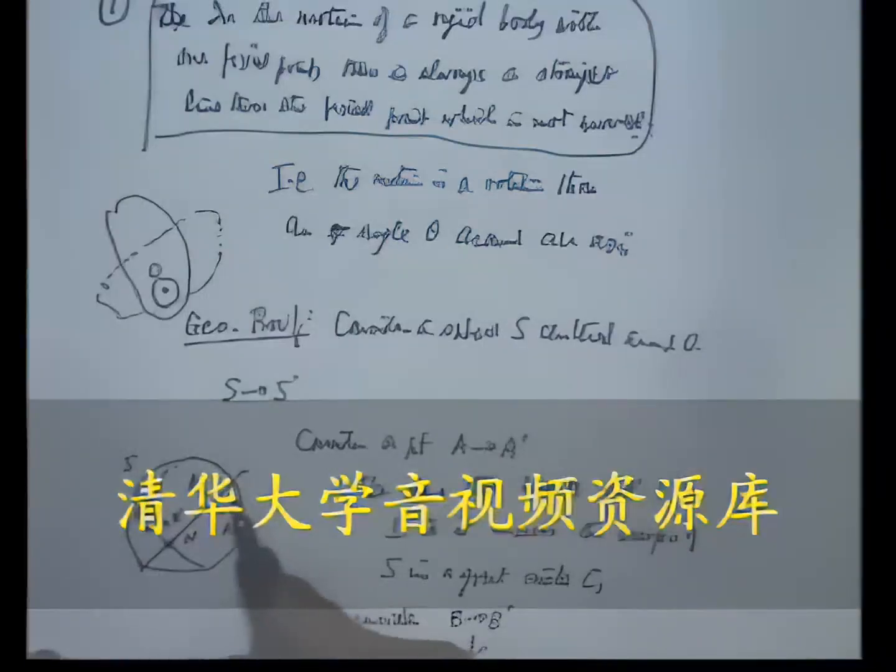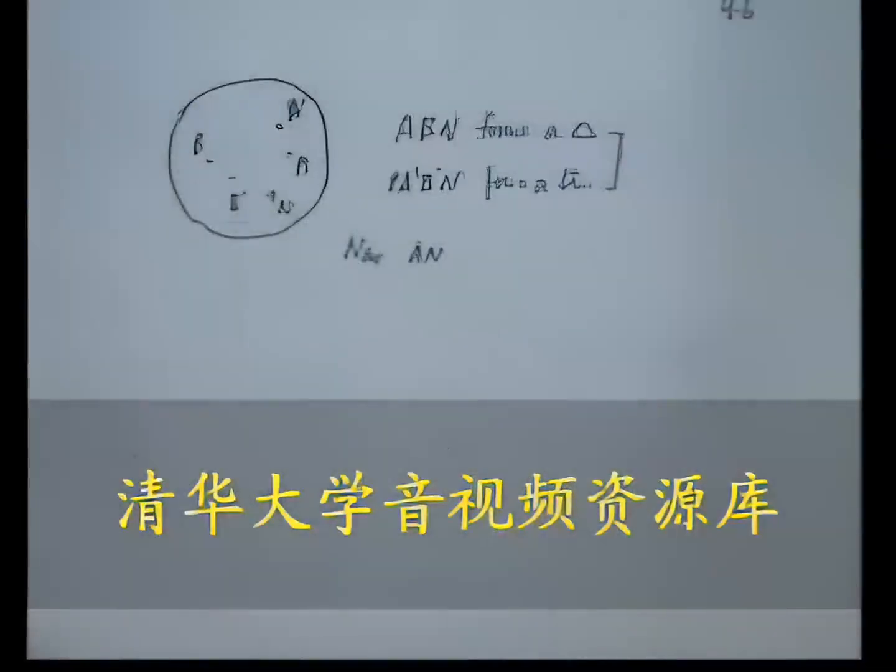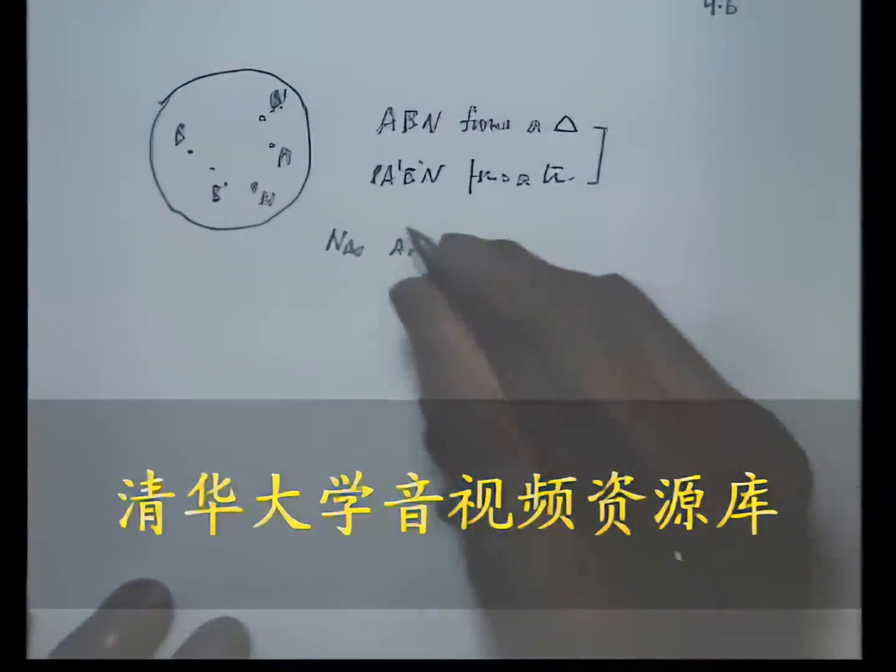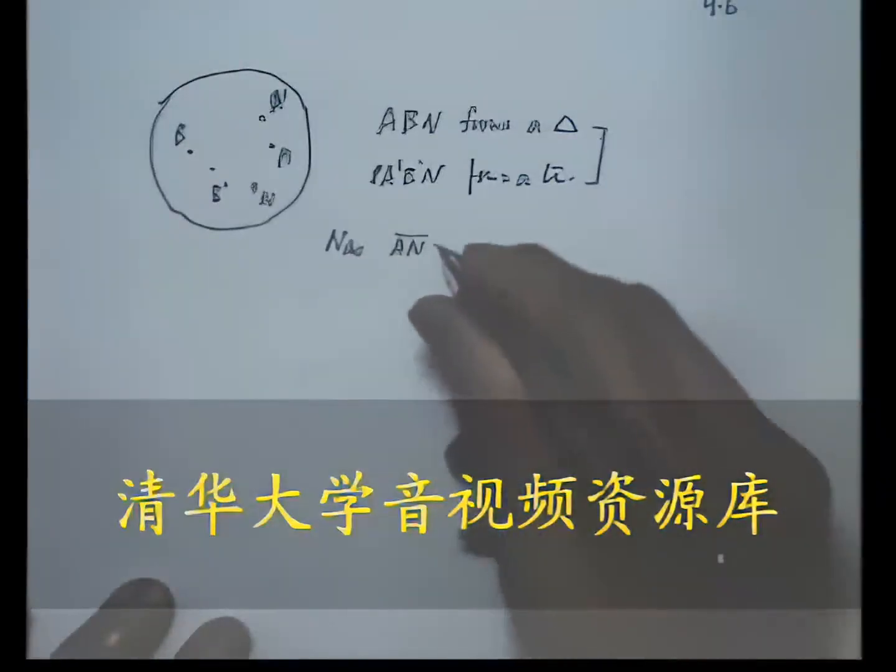This big circle bisects A and A prime. Does everybody agree that the distance AN is equal to the distance A prime N? Looking at the figure makes it clear. So the distance AN is equal to A prime N.